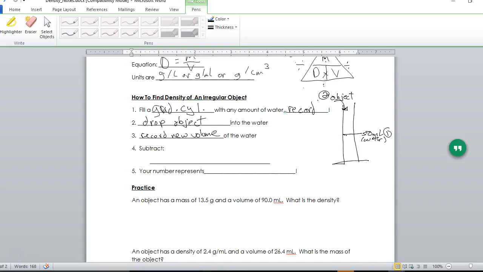That's because you just did volume displacement. The volume of water that comes out is equal to the volume of your body that's under the water. So when you drop this object into the graduated cylinder, the water is going to go up, and let's say now it's at 60 milliliters. This is with the object.